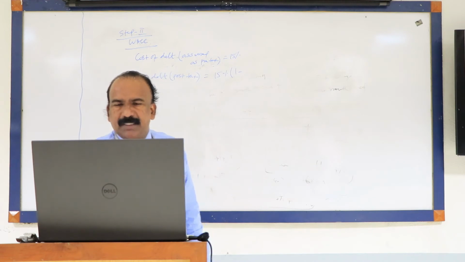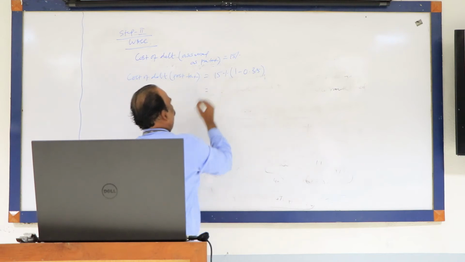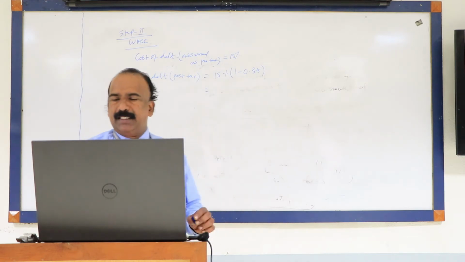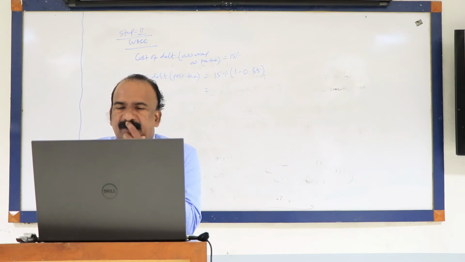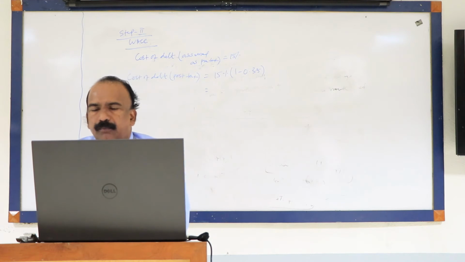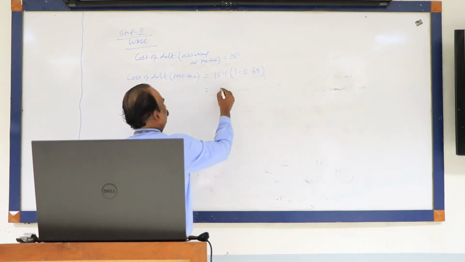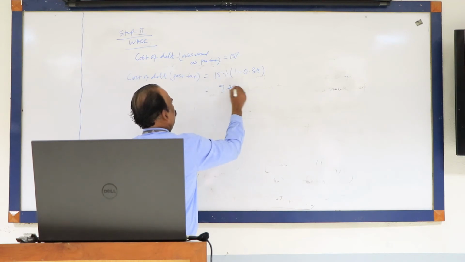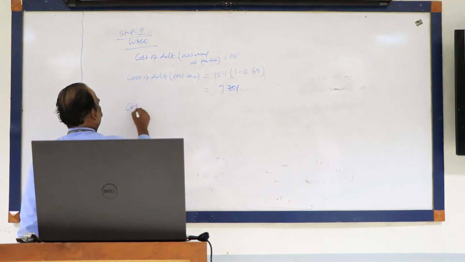Tax rate is 35%, so 1 minus 0.35, that is 0.65. So 15% into 0.65. How much comes? 9.75%.